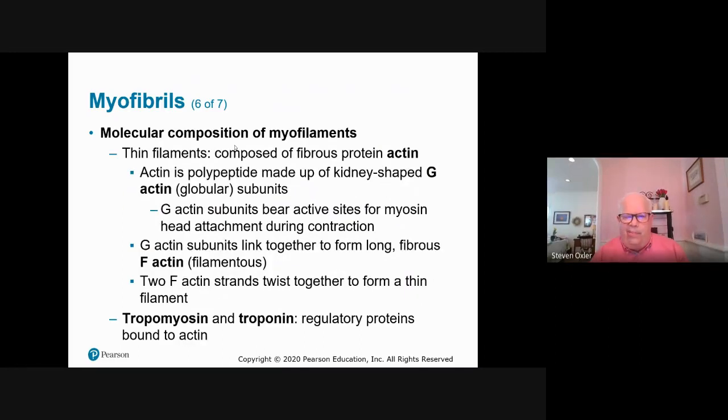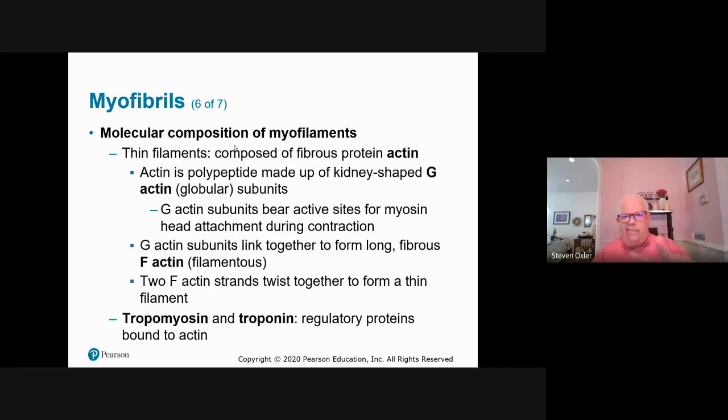The thin filaments, which are composed of actin protein, come together and twist with the myosin filaments, forming a cross bridge. When they form this cross bridge, they attach to each other because of regulatory proteins.